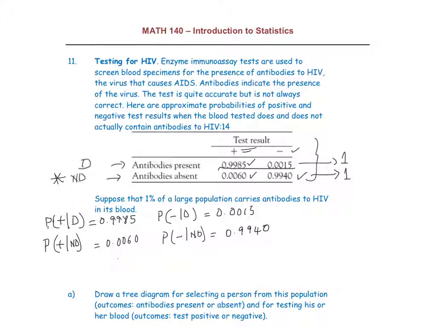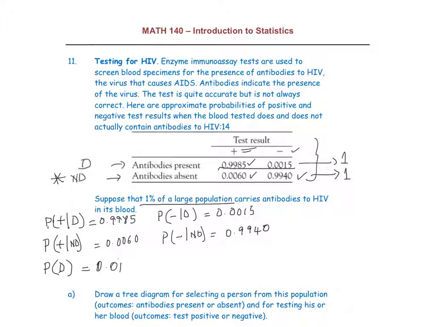Now, in addition to that, when you read the next sentence, it says that 1% of a large population carries the antibodies to HIV. So that gives us the probability that a randomly chosen person from the large population actually has the disease, and that is equal to 1%, and 1% is 0.01.